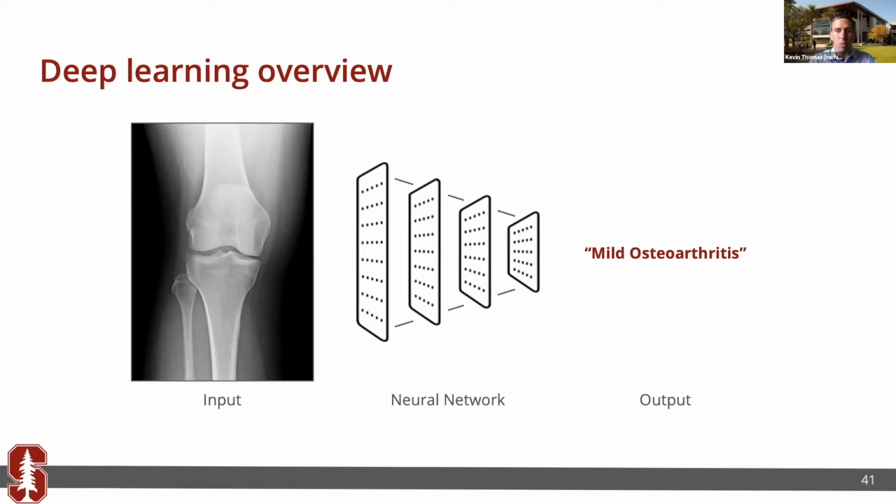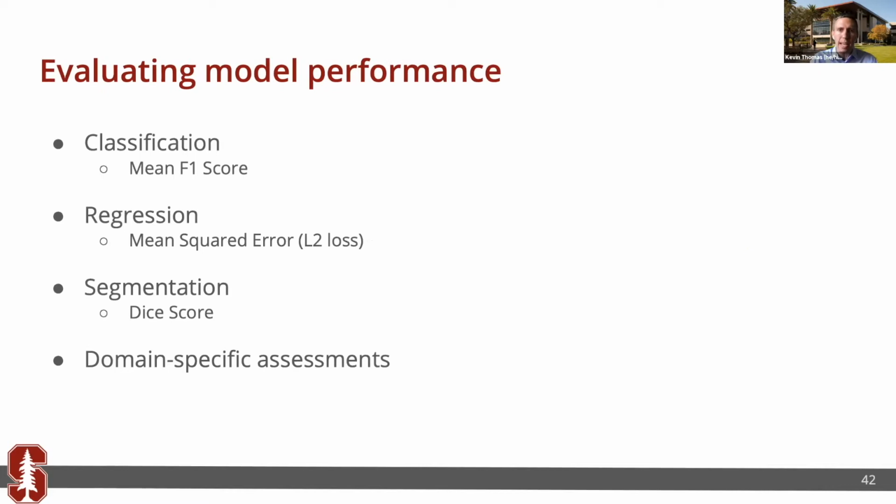So for example, we might want a model to learn how to take in X-rays as input and produce an assessment of OA severity as output by showing it example images previously labeled with OA severity by a radiologist. Now, when you're training a model and evaluating its performance, the metrics you use to evaluate how well your model is doing depends on what type of task you're trying to automate.